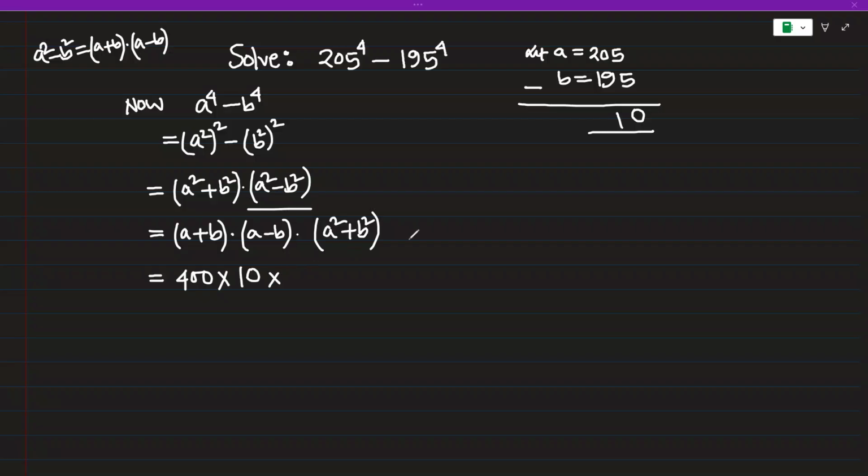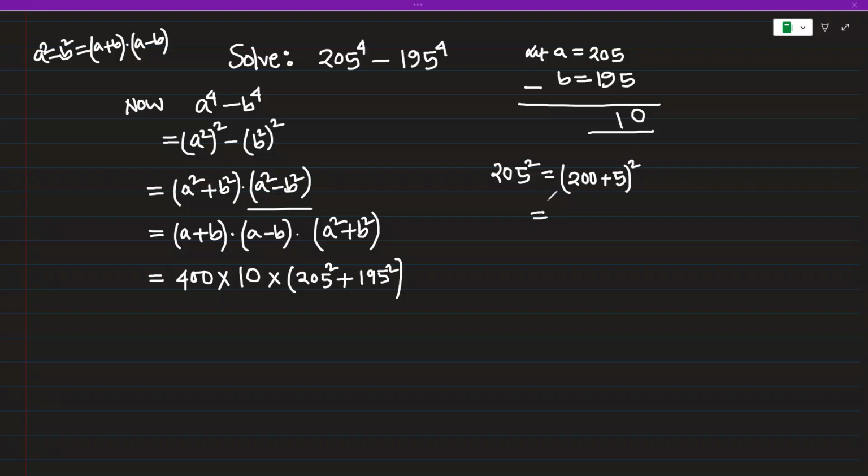Now we have to find a square plus b square, that means 205 square plus 195 square. Now 205 square, how we find that? So 205 power of 2, we can write that 200 plus 5 square.